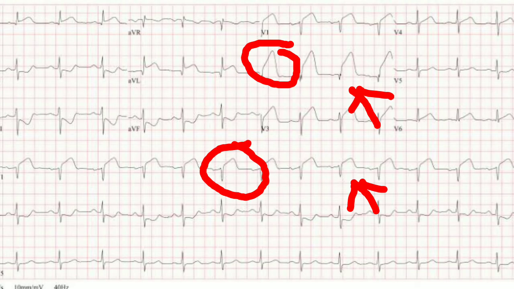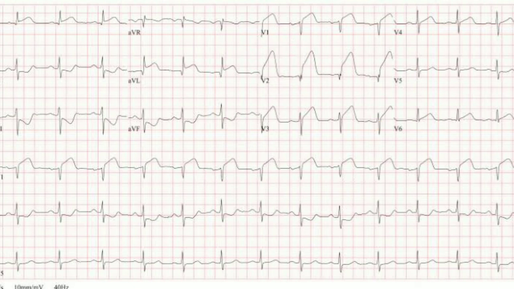But whenever you see ST elevation, which is the ST segment rising higher than the J point, and the J point is the point where the S segment comes back and becomes the isoelectric line or straight line, then it means that there is a major risk to the myocardium.